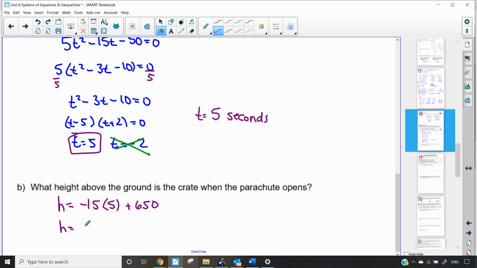And that gives me h equals negative 75 plus 650, meaning h is 575 meters. So 5 seconds after the free fall starts, or 5 seconds after the crate's been launched, and 575 meters above the ground, the parachute's going to open.